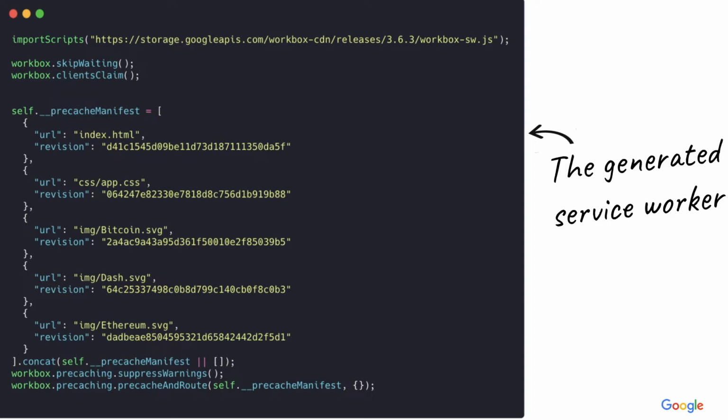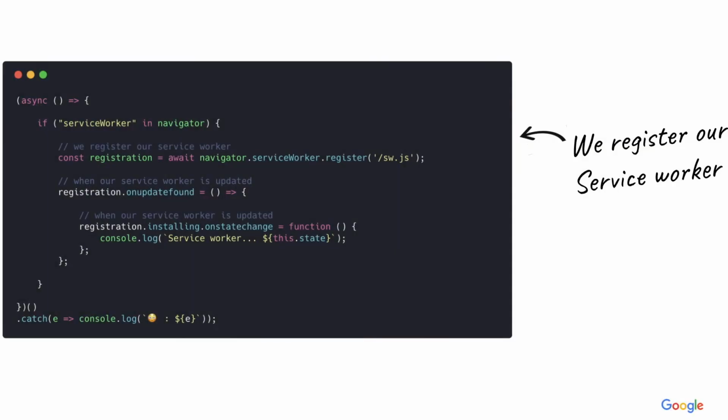So we have our pre-cache manifest, and as you can see, we have an array of objects, and in each object we have the URL and then the revision, and the revision is actually the hash of our file, which means that if we update one file, let's say for example index.html, Workbox will be smart enough to regenerate the hash and then to only ask the user to reload this file.